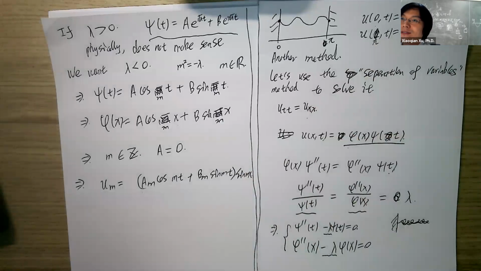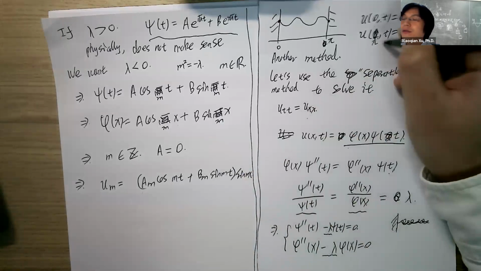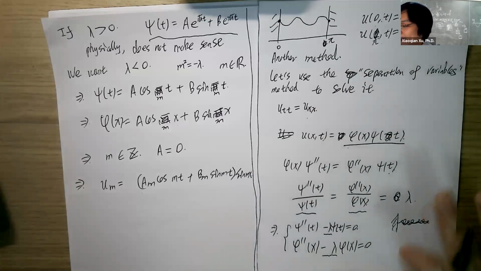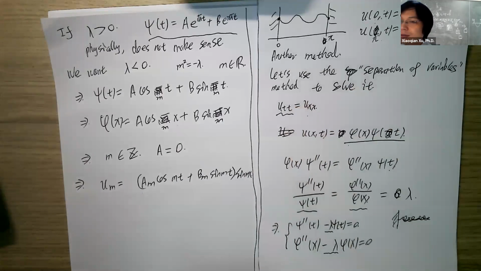But of course, this is not enough, right? Because as a wave equation, we see that you are in the bounded domain, so you have the boundary condition. That's totally fine. But since you have u_tt here, you always need to have the initial condition, right?